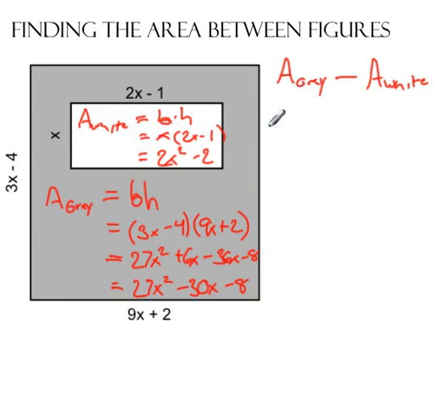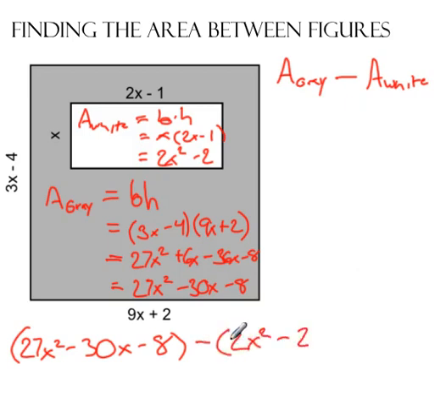Now that I have those, all I have to do is subtract them. So I take the area of the gray one, 27x squared minus 30x minus 8, and now I'm doing polynomial subtraction, so I'm going to put that in parentheses so I know to think of it as one polynomial, minus 2x squared minus 2. And I'm just looking for common terms there and there, so 27x squared minus 2x squared would be 25x squared.